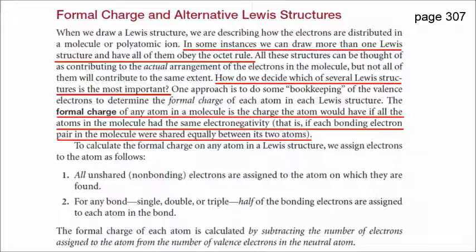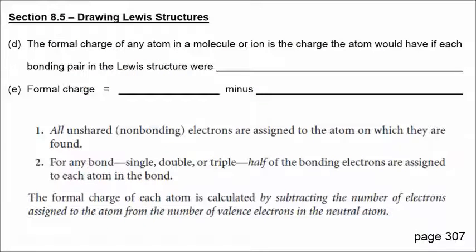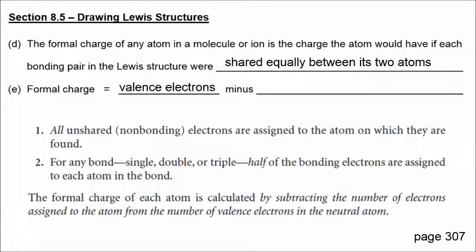And the formal charge is the number of valence electrons minus the number of electrons assigned. Again, we're assuming that each bonding pair in the Lewis structure was shared equally, and formal charge is valence electrons minus the electrons assigned to the atom.